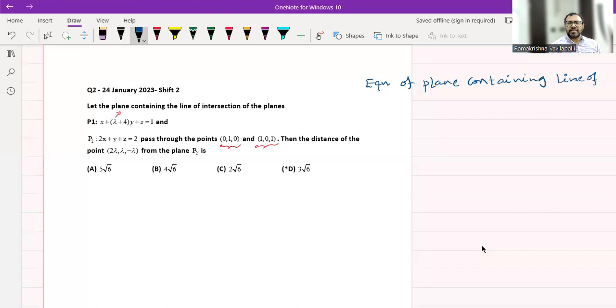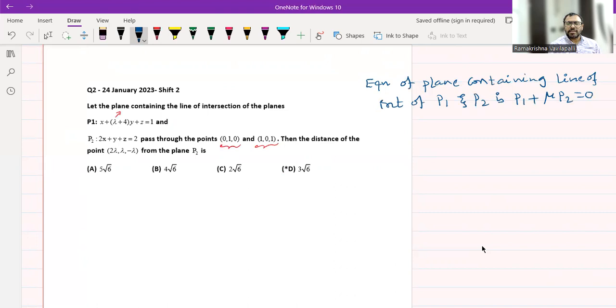Line of intersection of plane 1 and plane 2 is P1 plus some mu into P2 equal to 0.